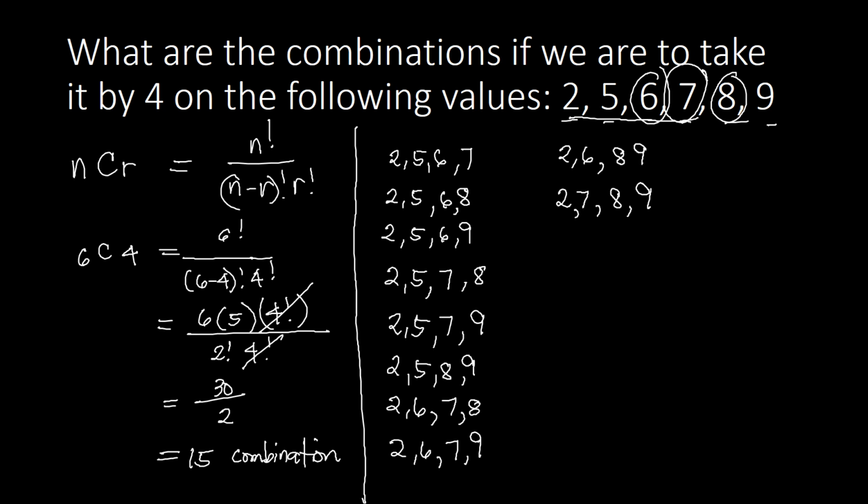The first number changes to the next number after 2, which is 5. So we have 5, 6, 7, and 8. And we're changing the last digit. We have 5, 6, 7, 9.